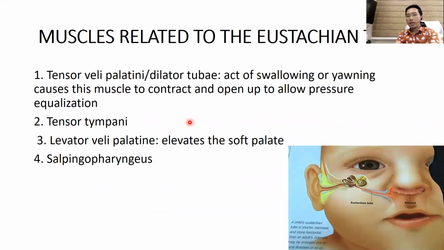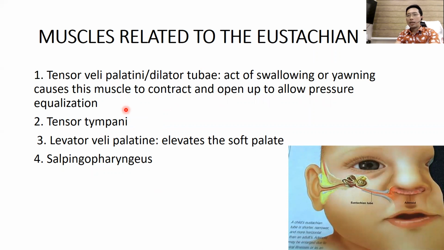For the muscles related to the eustachian tube, first we have the tensor veli palatini, the tensor tympani, the levator veli palatini, and the salpingopharyngeus. Remember the tensor veli palatini, or the dilator tubae. During the act of swallowing or yawning, this muscle contracts and opens the tube to allow pressure equalization.